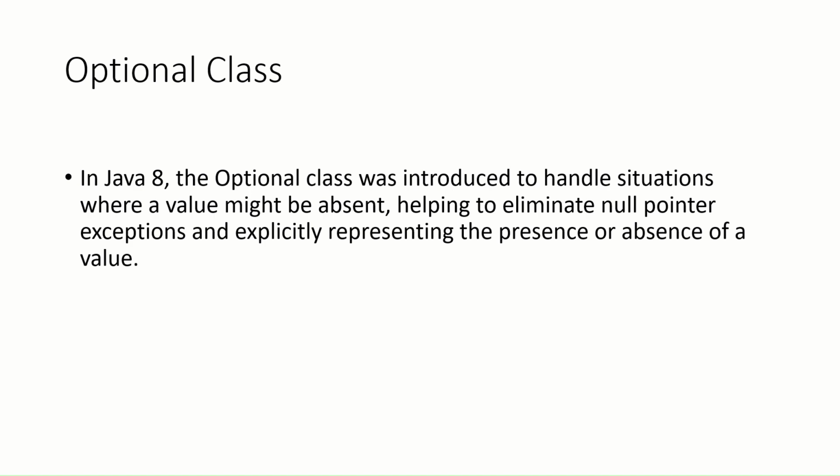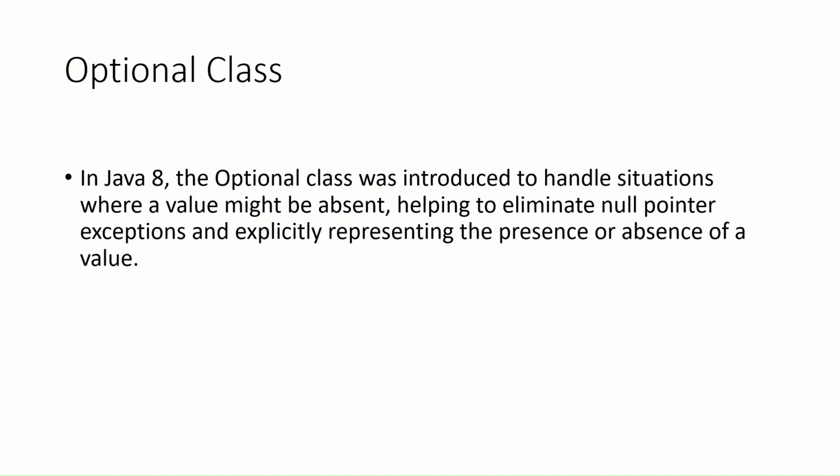It handles the situation where a value might be null or absent, helping to eliminate the null pointer exception and explicitly representing the presence or the absence of a value. So it helps us avoid the null pointer exception that we would get if we were not using Optional.